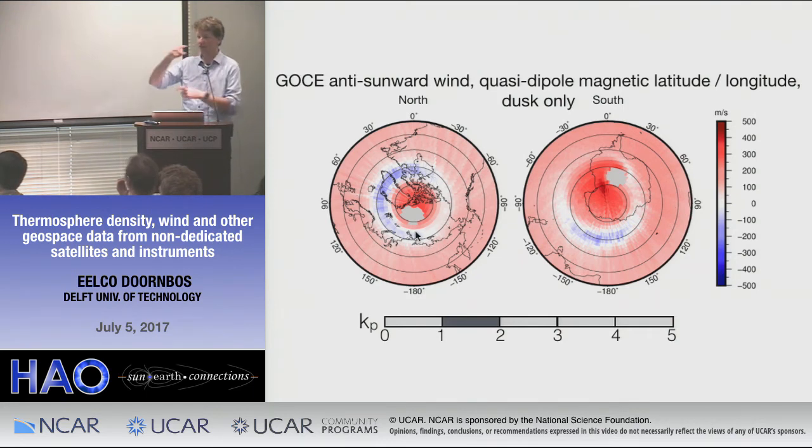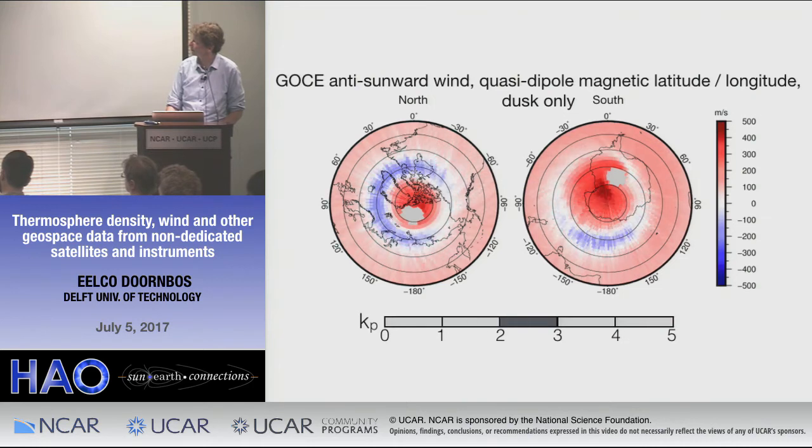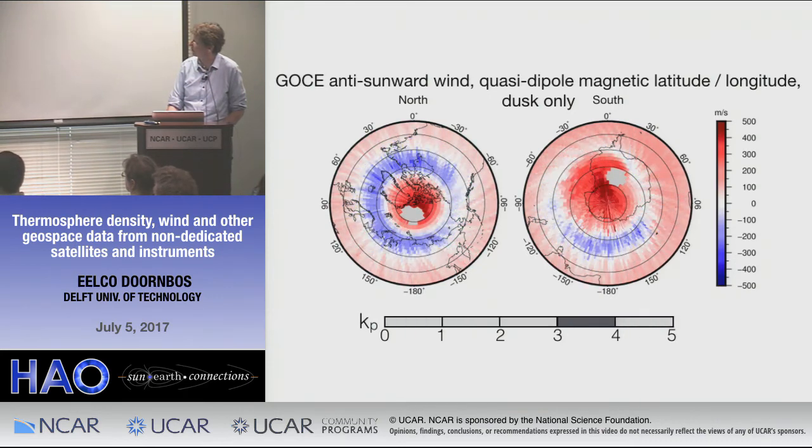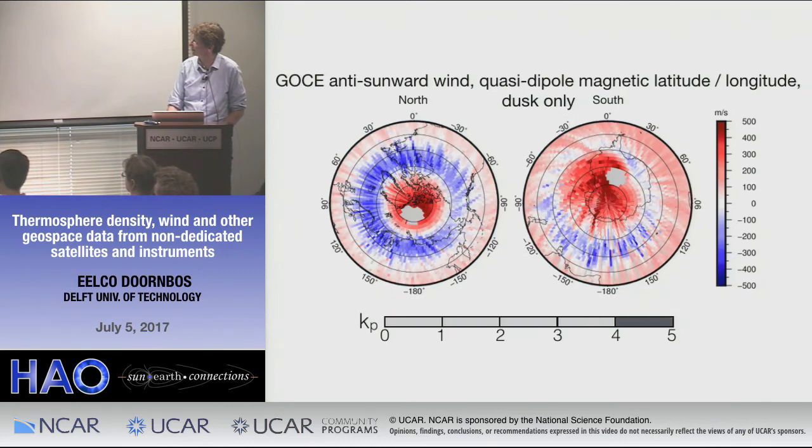The satellite does, of course, measure all longitudes equally because the Earth just rotates beneath the orbital track. So that's already interesting. This is in geomagnetic coordinates, but it might have to do with the geomagnetic field being stronger at one pole compared to the other. It's closer to the dipole. So you can basically turn the knob of the Kp and see this return flow enhance and also go to lower latitudes.